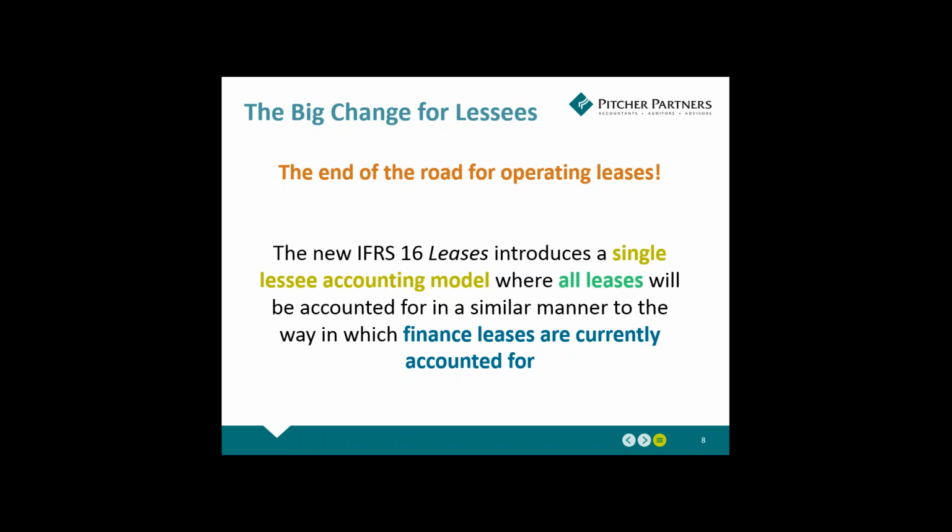So it's a big change. Why is that? Because the new IFRS 16 introduces a single lessee accounting model, which means that all leases will be accounted for in a similar way, and that way is the way in which we currently account for finance leases.